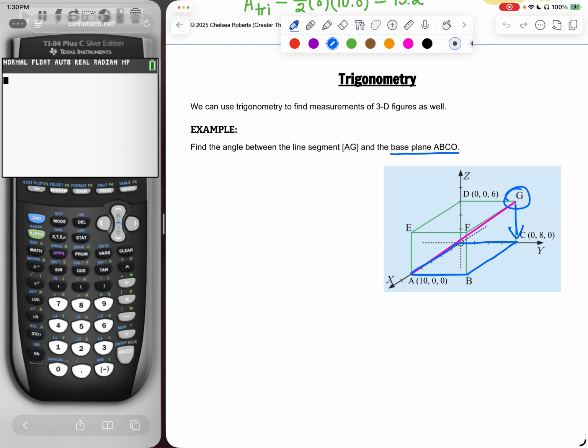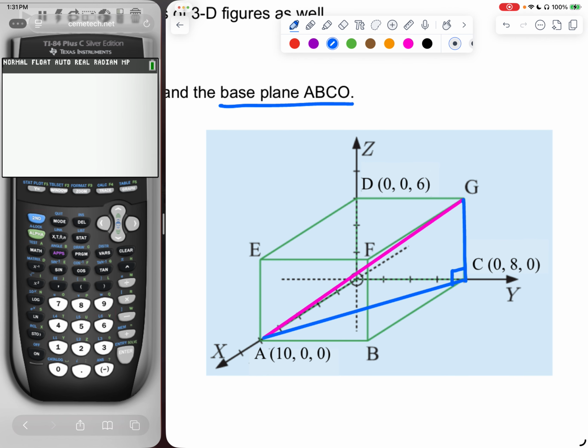So that means that I need to match that up with this diagonal here. Okay, and you will see that when I drew that diagonal, it now created a right triangle here. All right, so let's look here.